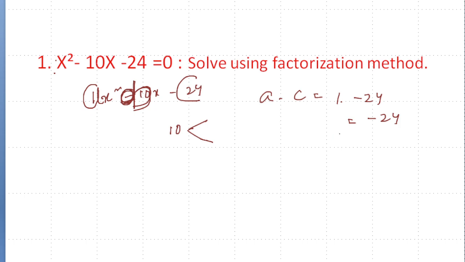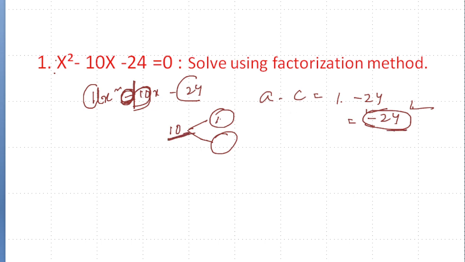Another trick is that if ac is negative, then you always look for two numbers whose subtraction is equal to b. If it is positive, then you look for two numbers whose addition should be b. Here ac is minus 24, which means subtraction. So let's see two numbers whose subtraction is 10 and multiplication is 24.